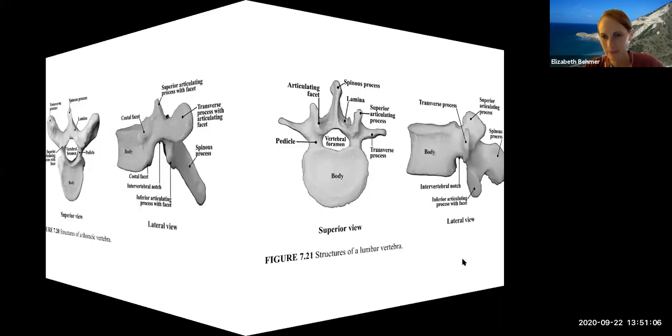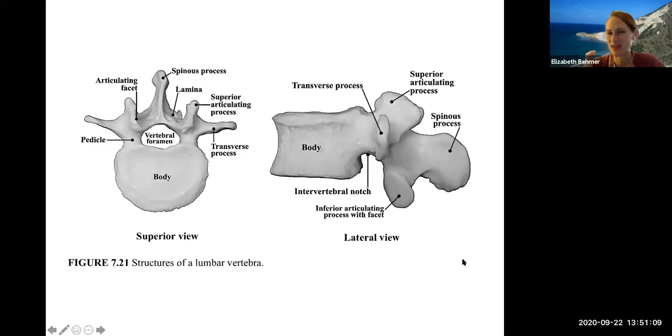Then the lumbar vertebra will be the thickest in its body because it has to hold up the body's weight. The spinous process is also wider and sticks straight out and not down anymore. You can still see the superior and inferior articulating process with facet, which will allow the vertebrae to stack on top of each other.